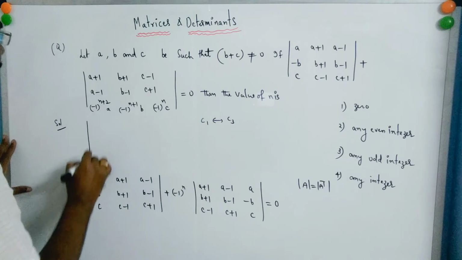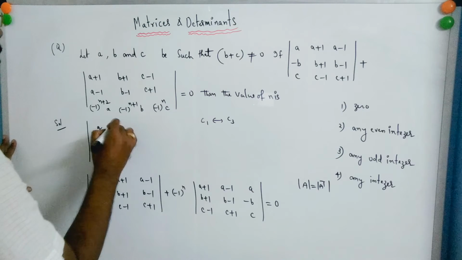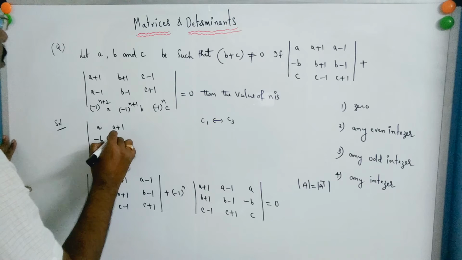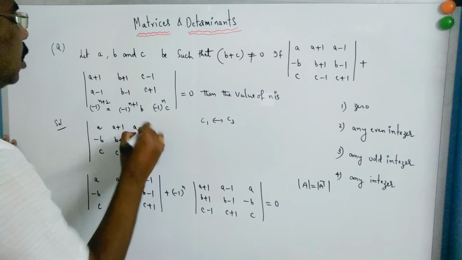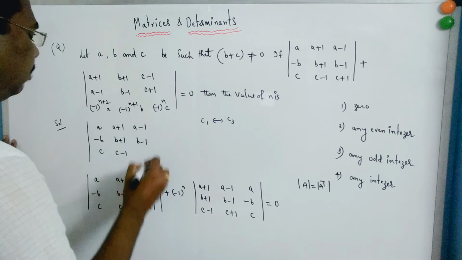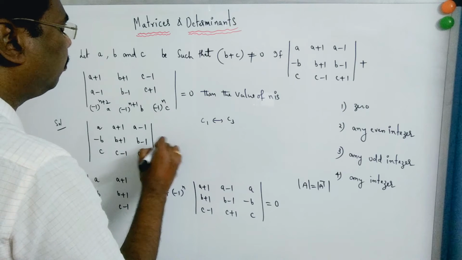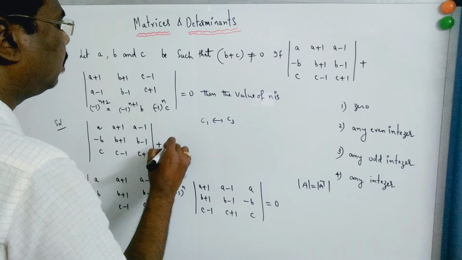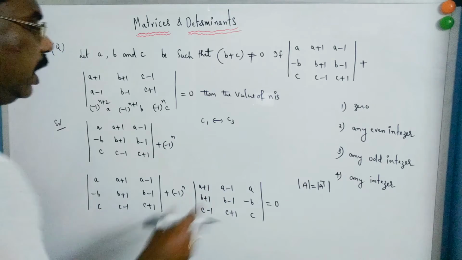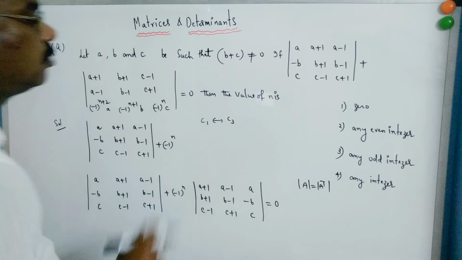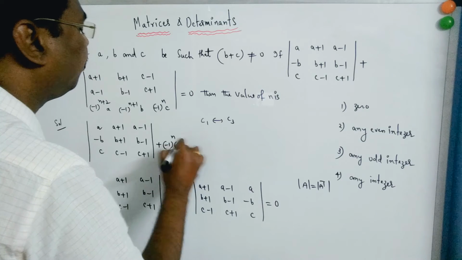Now det of A minus B, C; A plus 1, B plus 1, C minus 1; now A minus 1, B minus 1, C plus 1. Okay, now plus minus 1 power n, and here also, any two rows or columns in determinants, if they are interchanged, the sign will change.